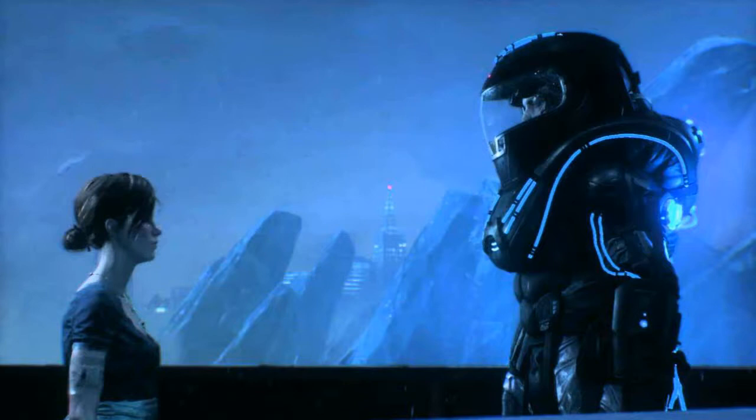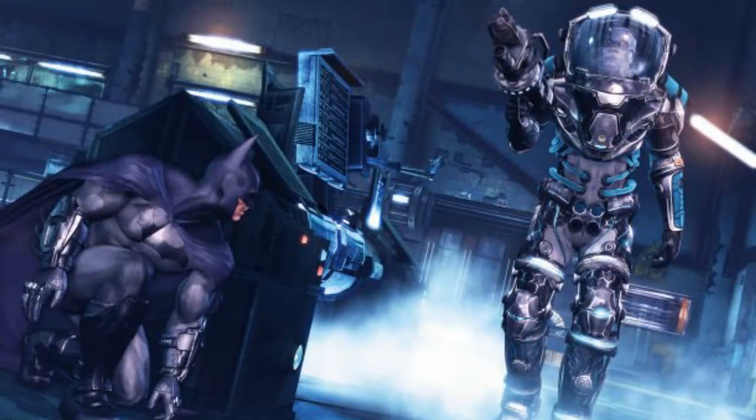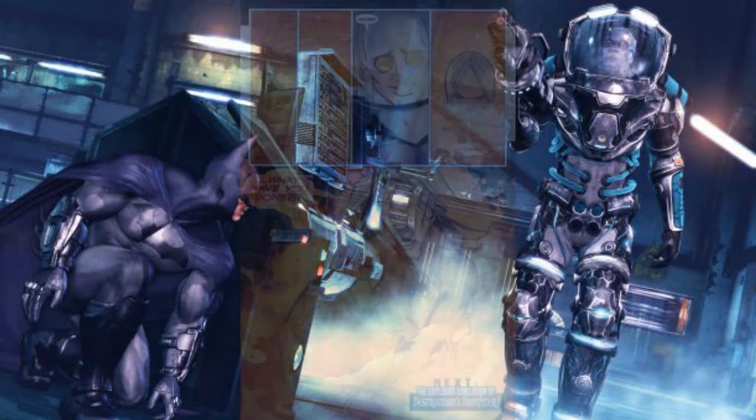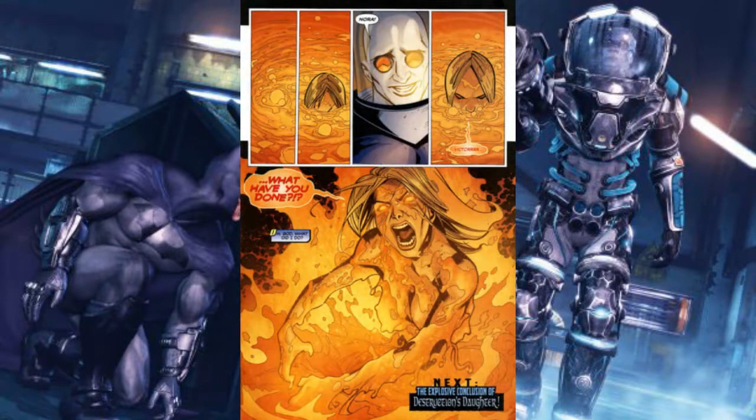Moving on to the next fact, at one point he managed to bring his wife Nora back with the help of the Lazarus Pit, but because of being frozen and experimented on for years, she came back damaged and mutated. She actually absorbed properties of the Lazarus Pit and became Lazala, I believe is how you pronounce it.